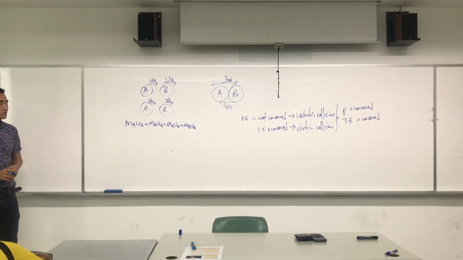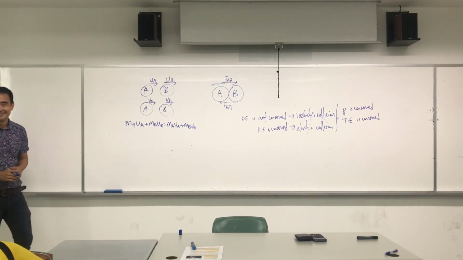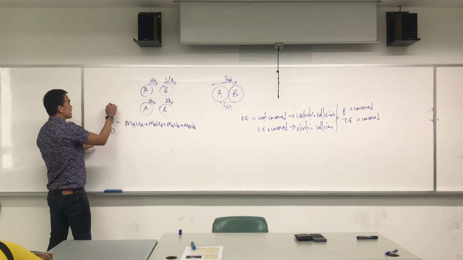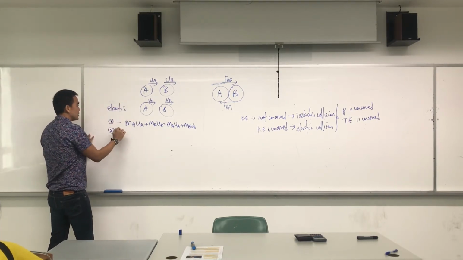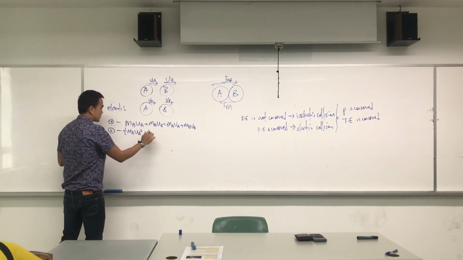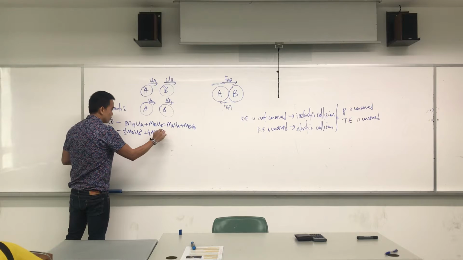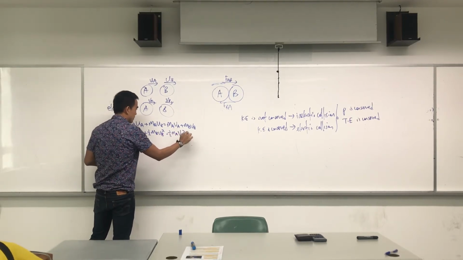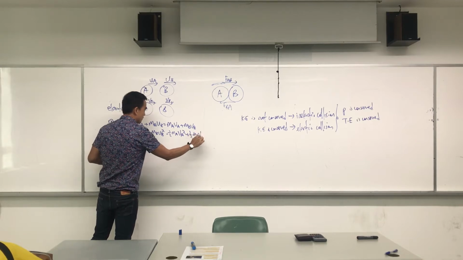Any strong objections? No. We call this equation 1. Equation 2: if it is an elastic collision, can you agree that half ma ua squared plus half mb ub squared must be equal to half ma va squared plus half mb vb squared?